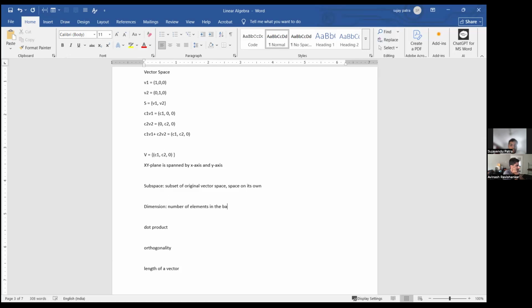How many vectors do you need to span this? This subspace was spanned by two non-zero vectors, so it's dimension 2. Whereas for the whole thing, I needed 3 vectors, so it was dimension 3. So we'll say that this is a 2-dimensional subspace of a 3-dimensional vector space.